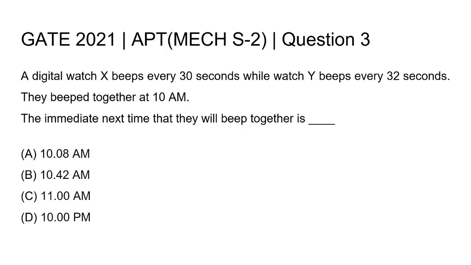So we have two watches, X and Y. Watch X beeps every 30 seconds while watch Y beeps every 32 seconds. The first time they have beeped together is 10 am. After that, watch X will beep after 30 seconds, watch Y will beep after 32 seconds.